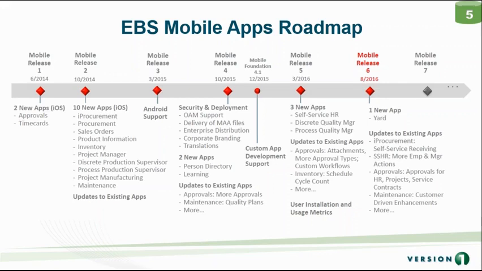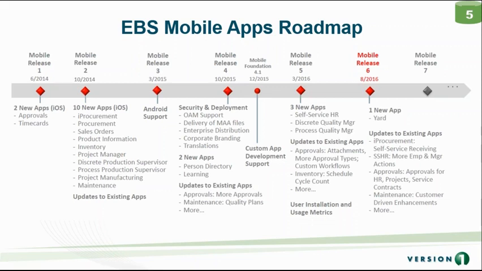In December 2015, the Mobile Application Framework was made available to us for custom app development, which is a significant milestone. And March 2016 saw added Mobile Applications Manager module functionality within the core application itself that we viewed briefly earlier.